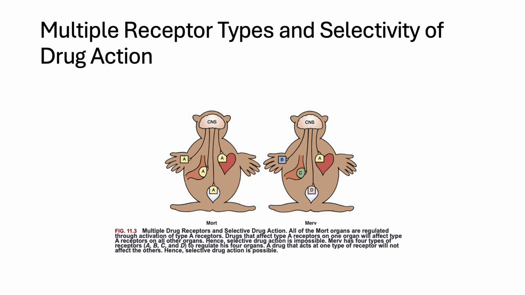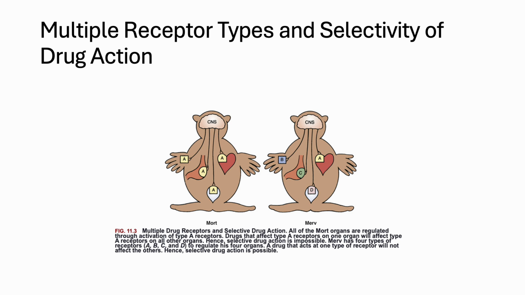All four of these functions are under our neuronal control, and in all cases this is exerted by the activation of this receptor, which we'll call A. As long as Mort is a healthy creature, having only one receptor to regulate the various functions doesn't become a problem. It's quite all right, because selective physiologic regulation can be achieved simply by sending impulses down the appropriate nerves if we don't have any issues.